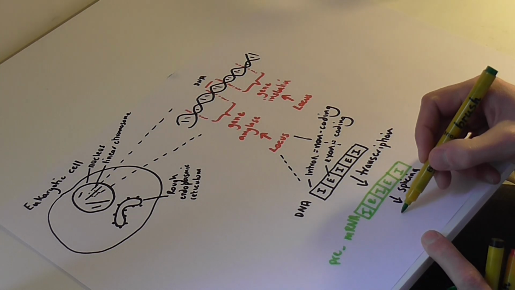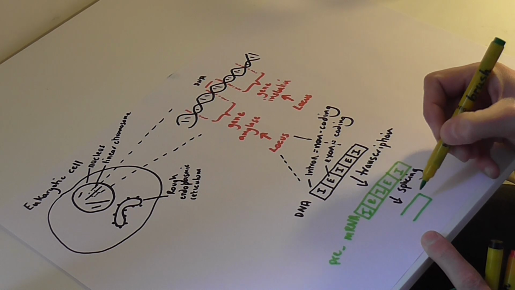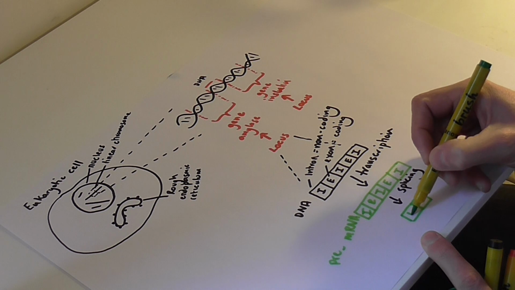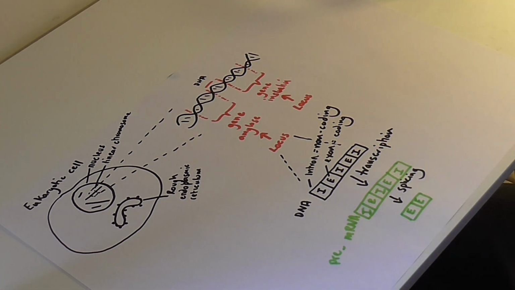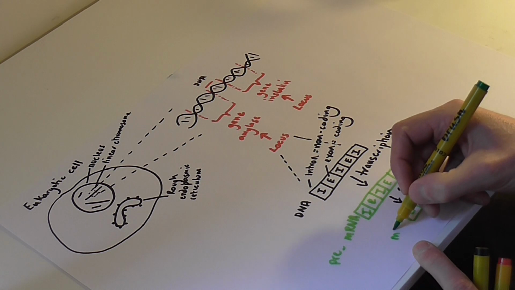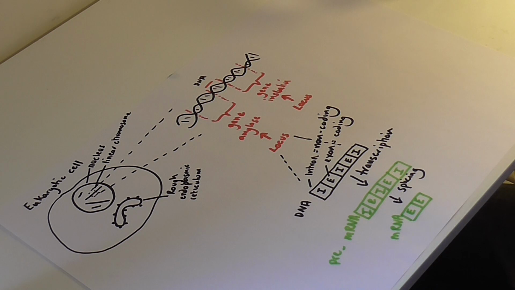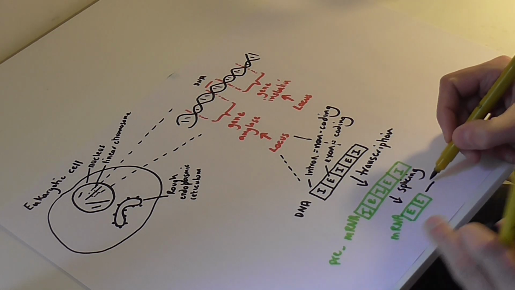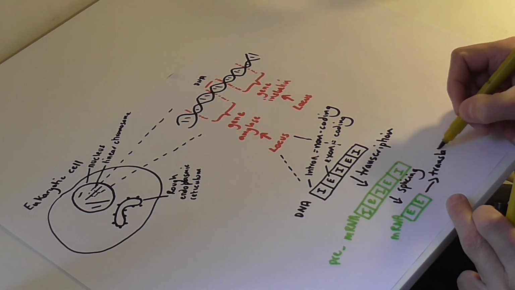That leaves you just with the coding sequences of DNA bases, which are the exons, and now this is referred to as just messenger RNA, which can then be used in translation.